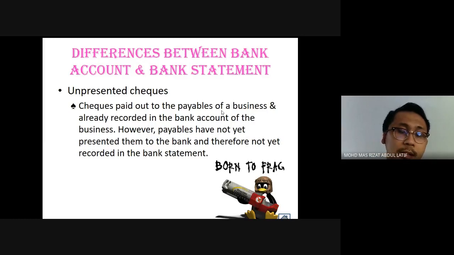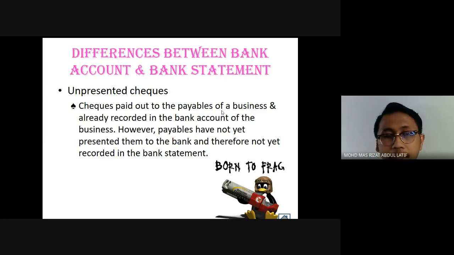So ini yang kita katakan baki akhir untuk kedua-dua dokumen ini tidak sama, tidak selalu. So in order to identify what are the differences that happen here, we need to prepare bank reconciliation statement. Itu yang pertama.